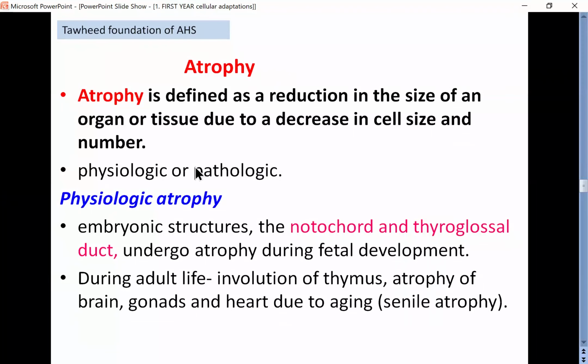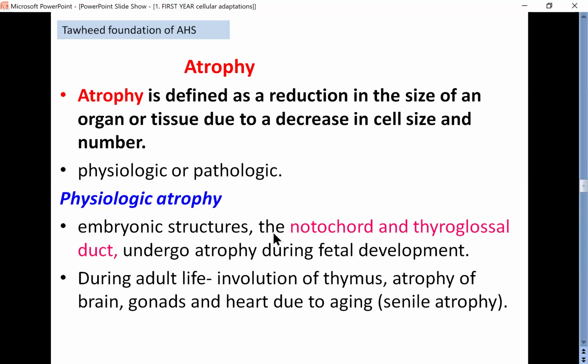Embryonic structures like the notochord or the thyroglossal duct, from where our thyroid gland develops in embryonic or fetal life. After all these structures are developed, this thyroglossal duct undergoes atrophy, which means it will shrink or reduce in size during the fetal development.